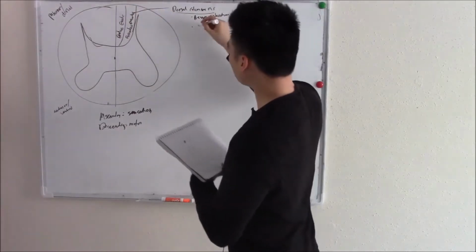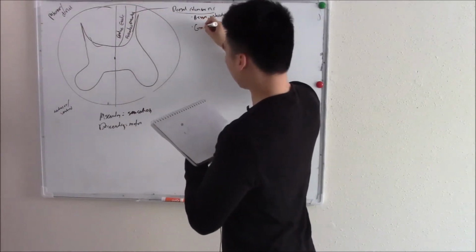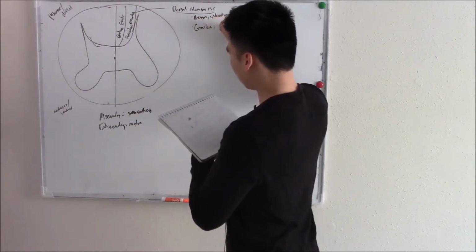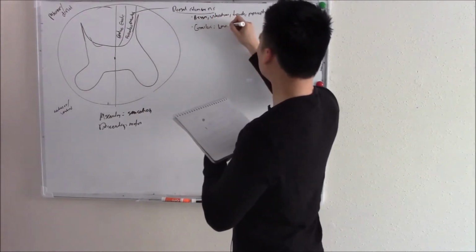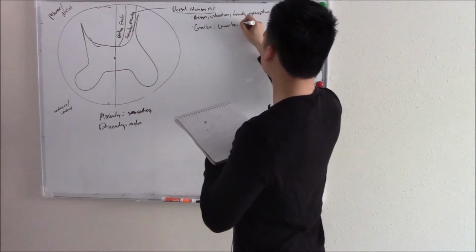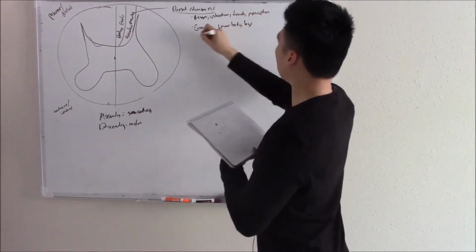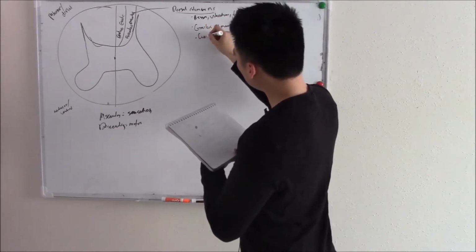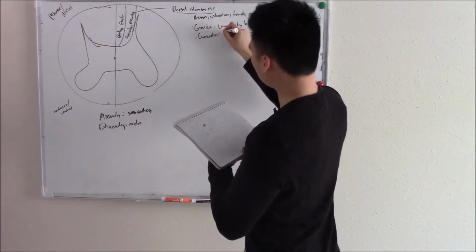The fasciculus gracilis deals with the sensation of your lower body and legs. The cuneatus deals with your upper limb.